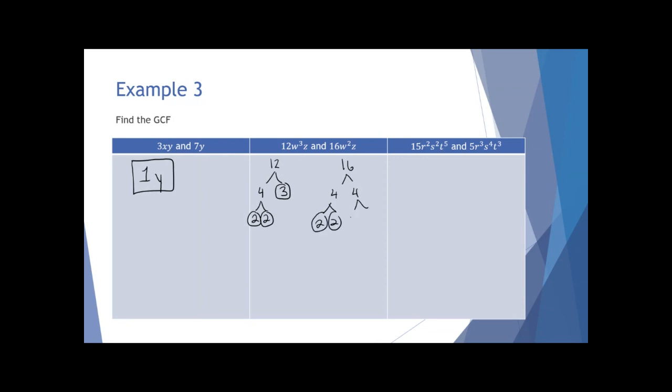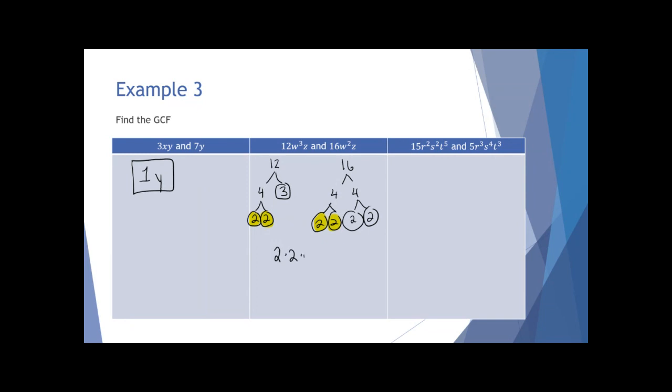So I can split each of those up. And then if I highlight what's in common, they both have 2 times 2 in common, but that's the only thing that matches, and 2 times 2 is 4.